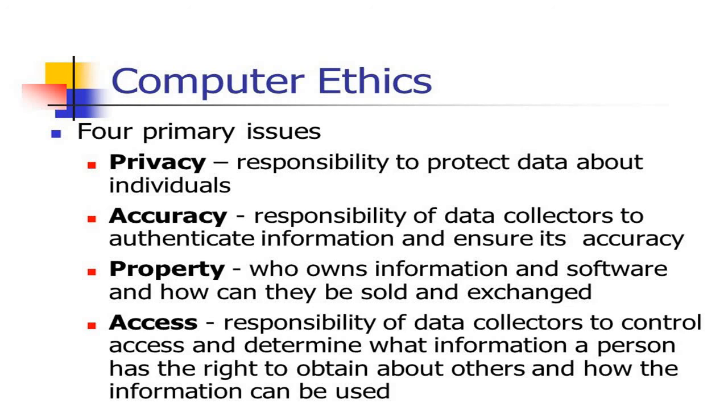Property: who owns information and software, and how can they be exchanged? Access: responsibility of data collectors to control access and determine what information a person has the right to obtain about others and how the information can be used.